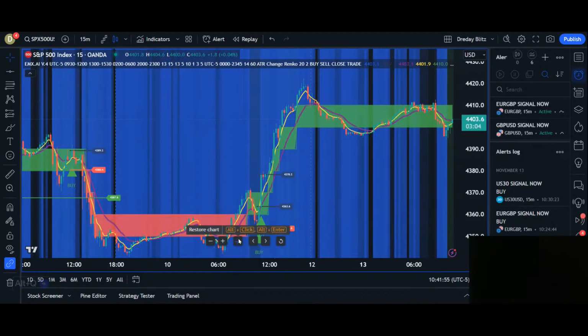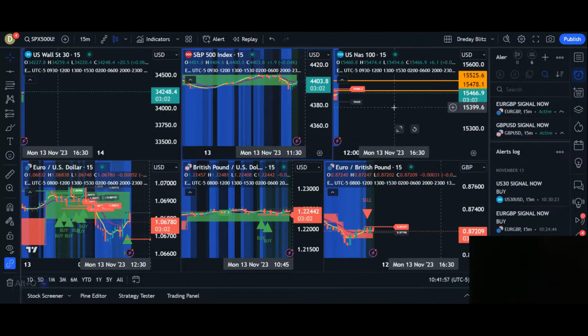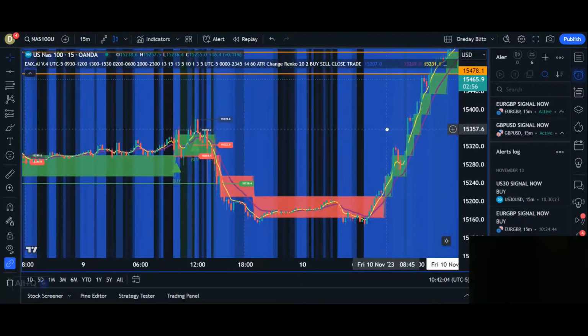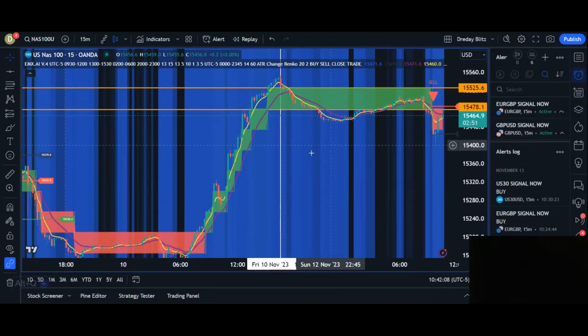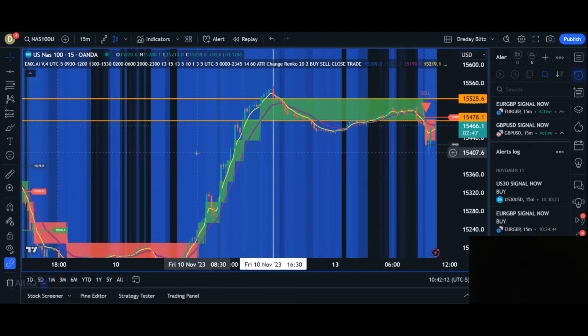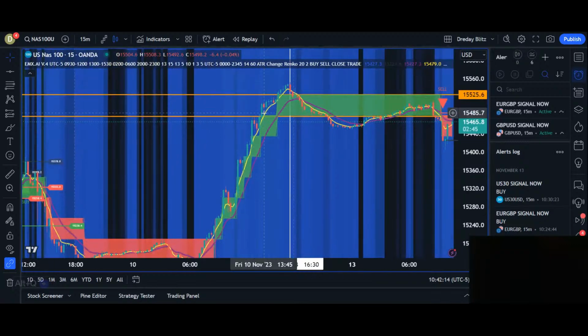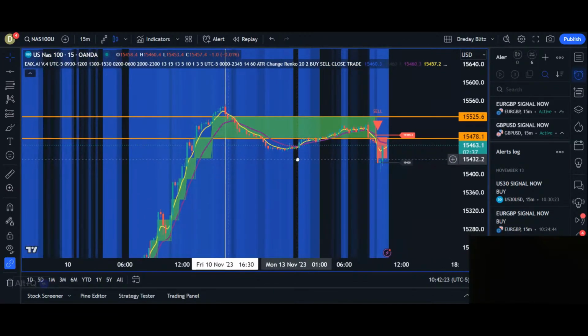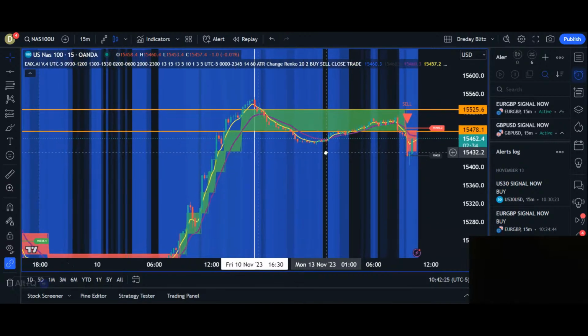And let's look at Nasdaq. Nasdaq, same thing. Went down, consolidated, went back up. So the three of them, US 30, S&P 500, and Nasdaq 100, are basically mirroring each other more or less at the same time.